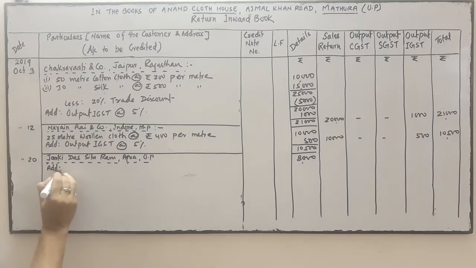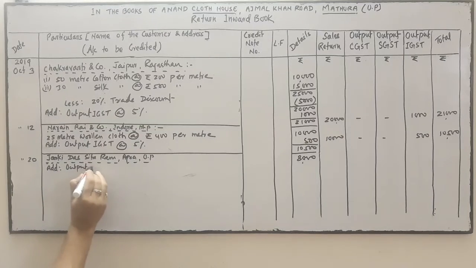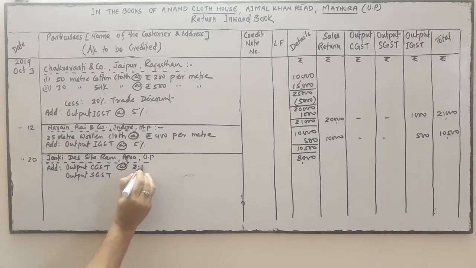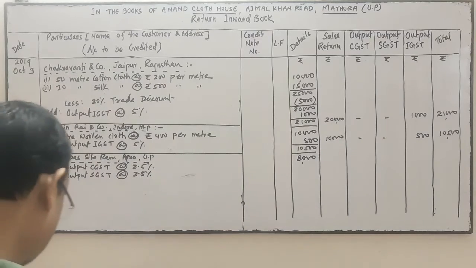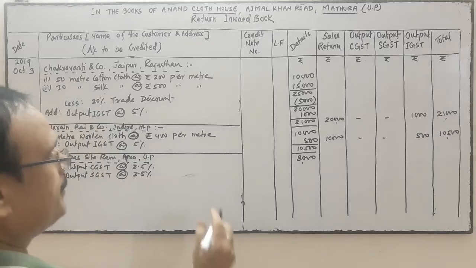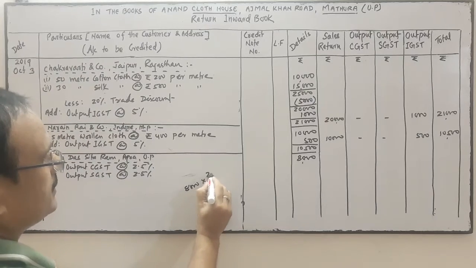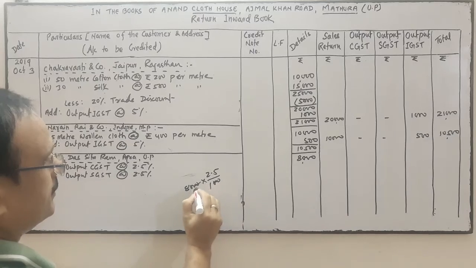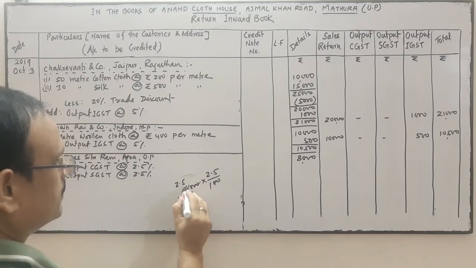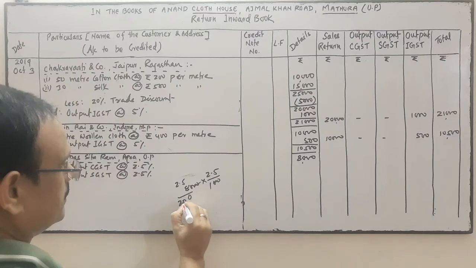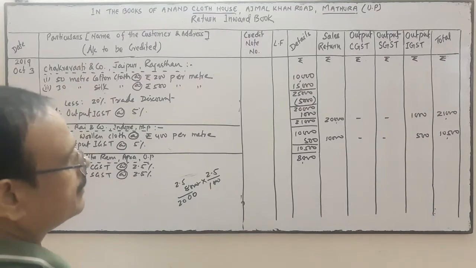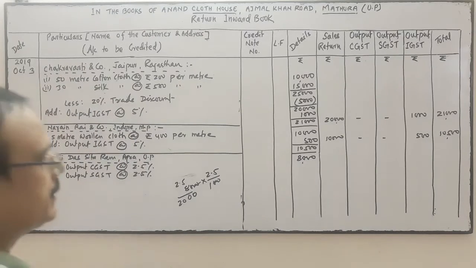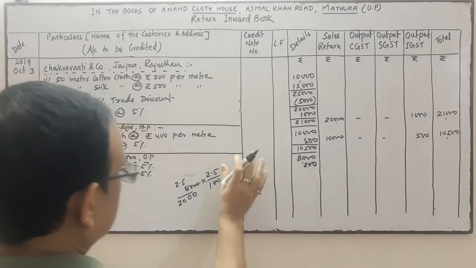So we will add output CGST and output SGST at the rate of 2.5% and 2.5%. So 2.5% of 8,000, it is 200.